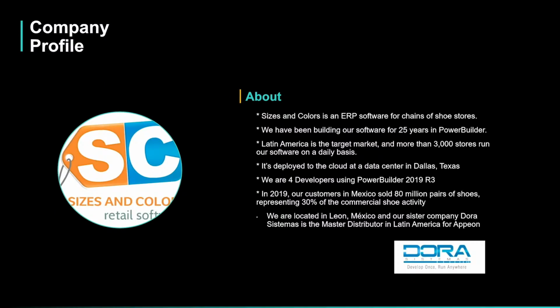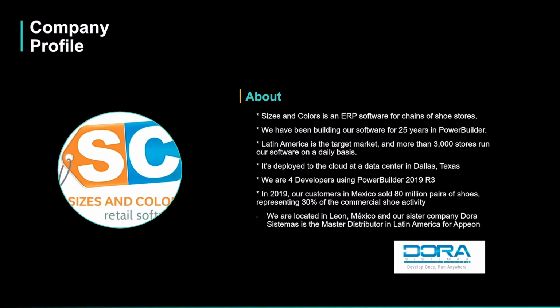About our company, well, Sizes and Colors, it's an ERP software for chains of shoe stores. We've been building this software for 25 years in PowerBuilder, and Latin America is the target market. Today, more than 3,000 stores run our software on a daily basis, and it is deployed to the cloud at a data center in Dallas, Texas.